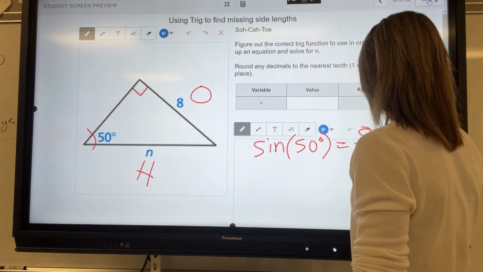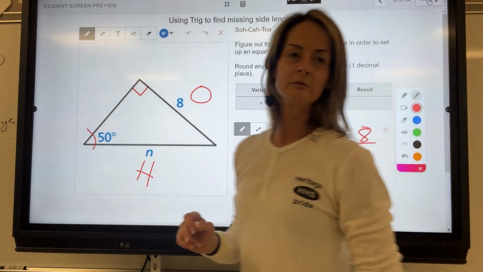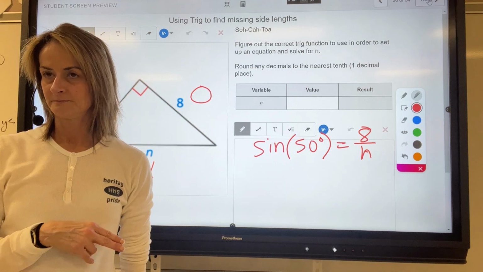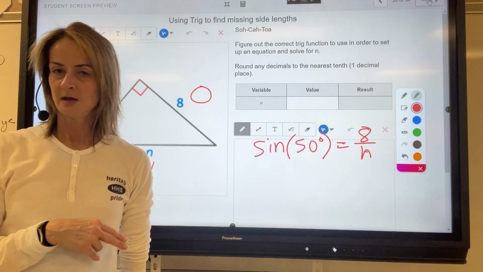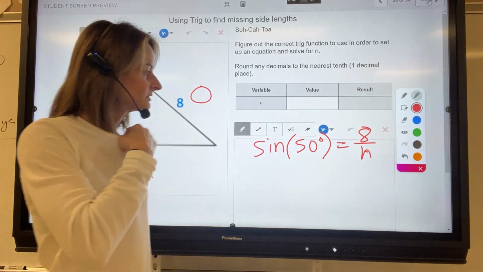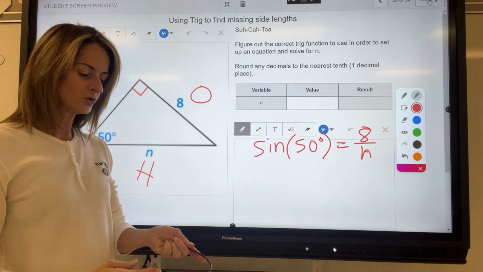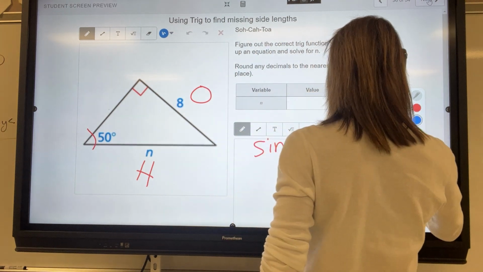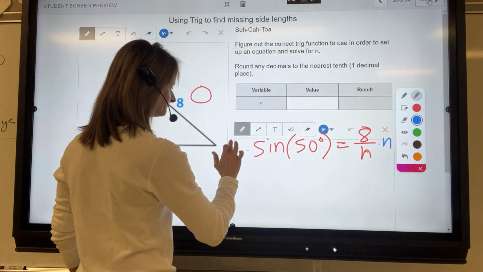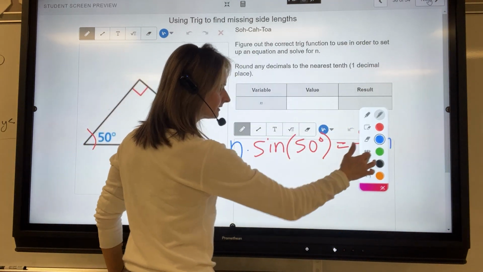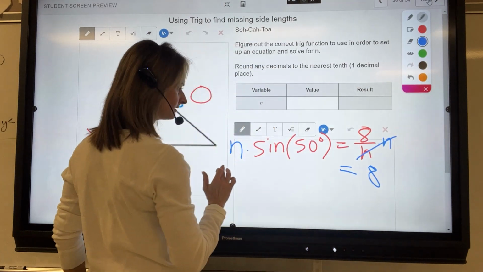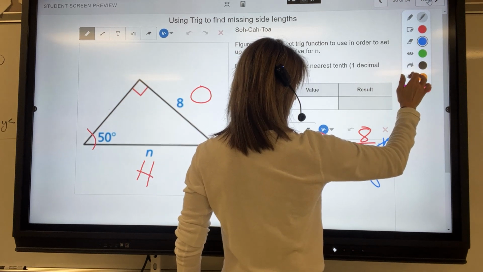Now what I want you to notice is the unknown, unlike the last two problems, is in the denominator. There's a shortcut. You can use this or not. If you don't use the shortcut, here's what it looks like. Regular algebra 1, multiply both sides by n. We get 8 equals, no, I'm not gonna write all that out.